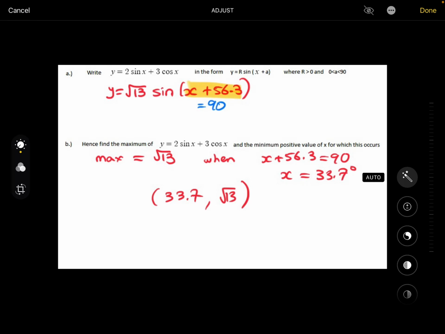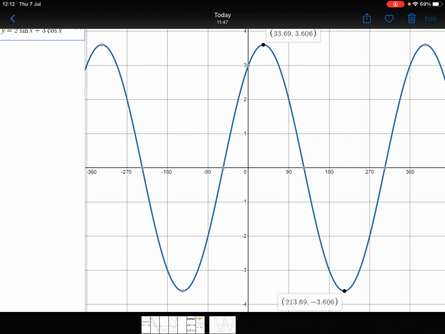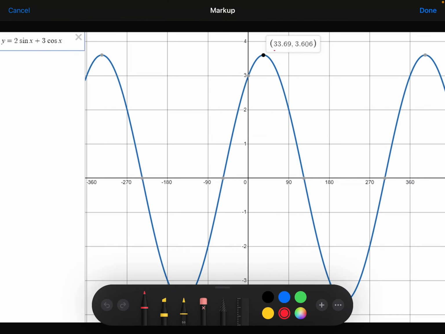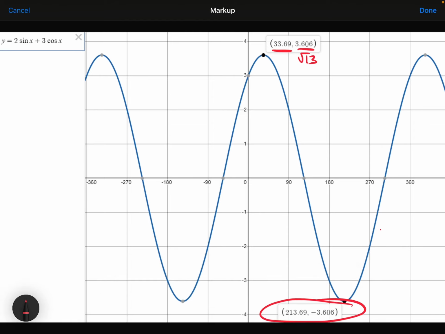Let's just double check that. Here's my graph, and you can see, here's my 33.7 degrees, that's my x coordinate, and this is the root 13, the y coordinate. What about the minimum coordinates? How would I work out this?